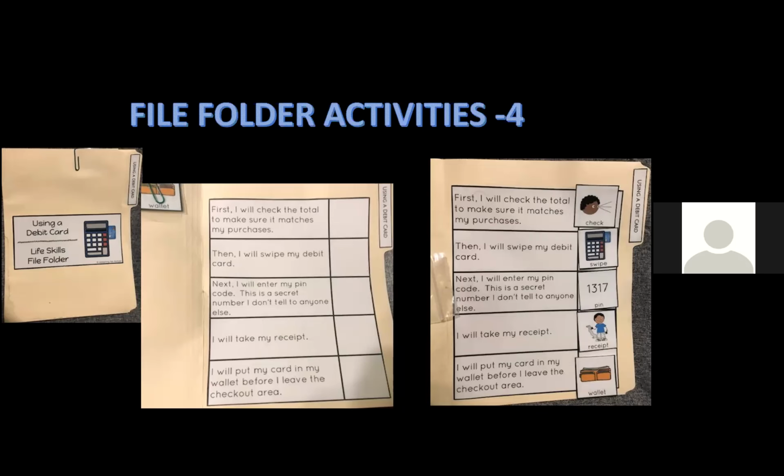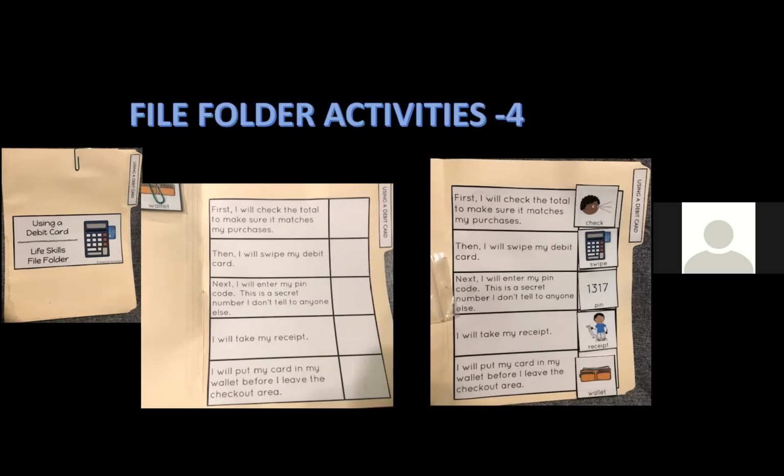So you've got the check symbol there. Then I'll swipe my debit card, and it shows a picture of that. Next, I will enter my PIN, reminding them that it's the secret number that you don't let everyone else know. Then you take your receipt and make sure that you put your card back in your wallet before leaving the checkout area. So this is a little bit different way of doing that.